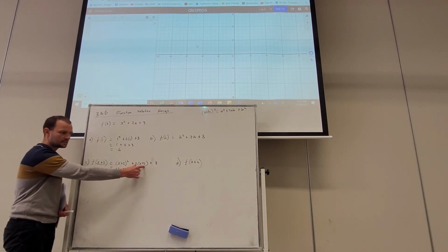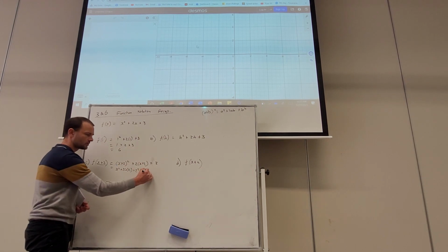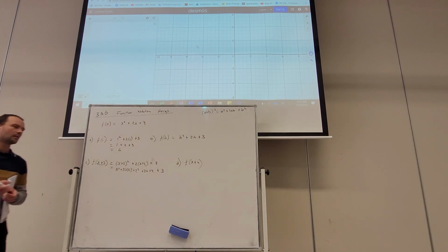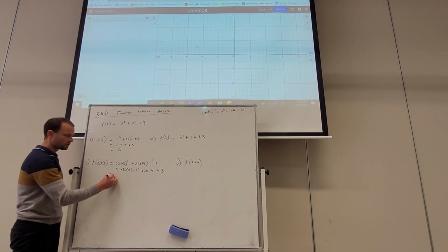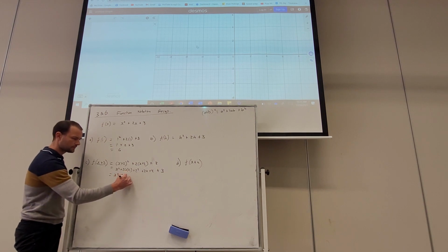To expand this second term, we're just going to distribute the 2. So we're going to have 2x plus 4, and then we have plus 3 hanging out there. All we'll do next is simplify. 2 times x times 2 is 4x.